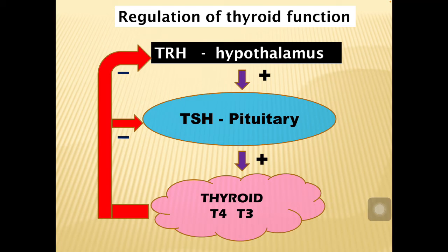Now, how is the secretion of these thyroid hormones regulated? So the thyroid gland is regulated by the pituitary, which in turn is regulated by the hypothalamus.